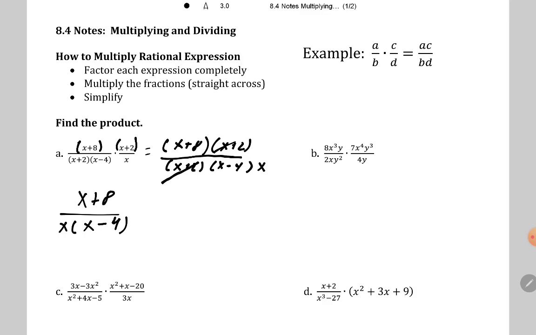Let's do another one. So now we're tossing some numbers in there. Let's just work on the top. 8 times 7 is 56. X to the third times x to the fourth. So remember, when we are multiplying with the same base, we add the exponents.